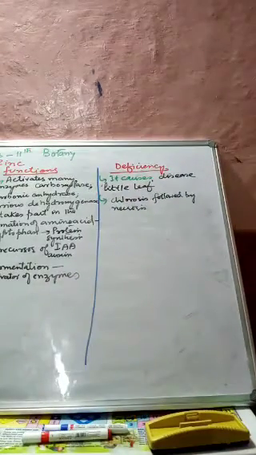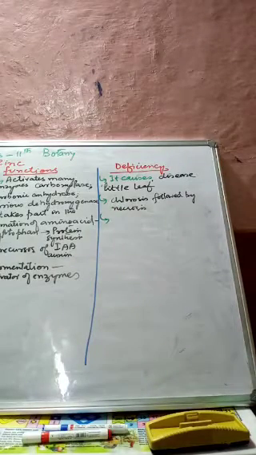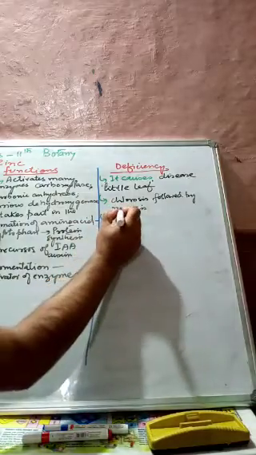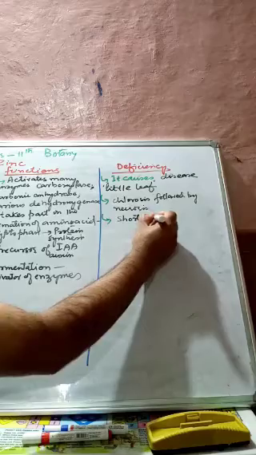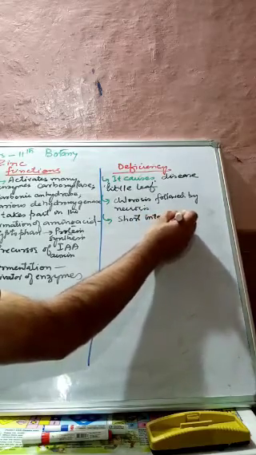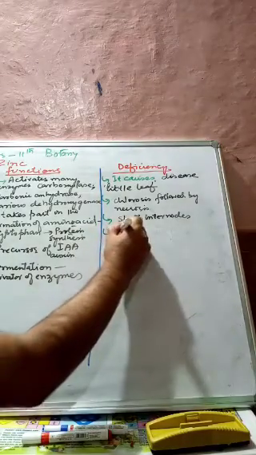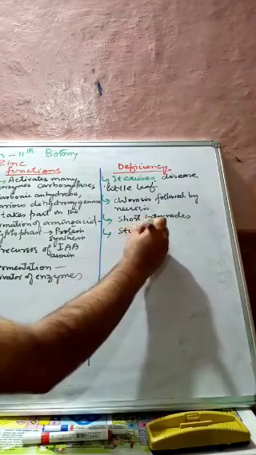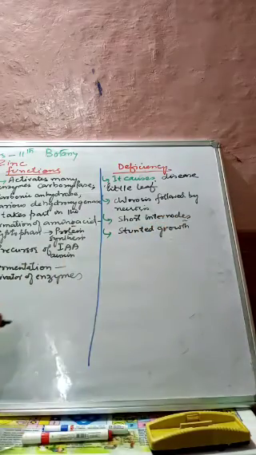One more thing we see is the internodal distance: the plant has got short internodes. When it has got short internodes, this will result in stunted growth.